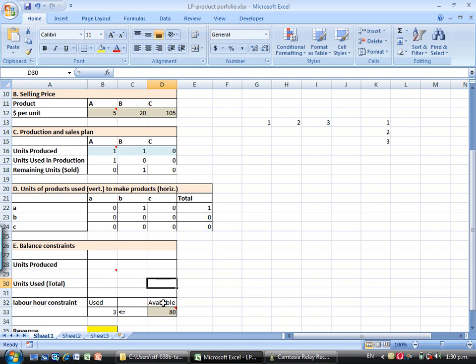So we'll just leave that blank for now. Now the units used total is going to be found by the units used in production, and add to that the remaining units sold for each one. So units used in production for A plus units remaining to be sold there like that, and so on for B and for C.